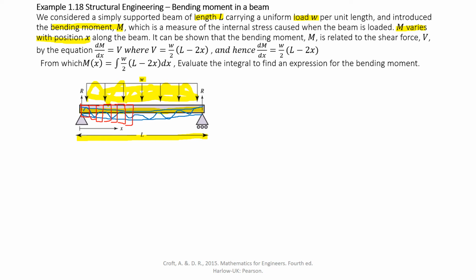So see, bending is increasing at the middle, at the center, and at the end again the bending is decreasing. So the bending is giving us a curve like this. First it was straight, now it is curved.